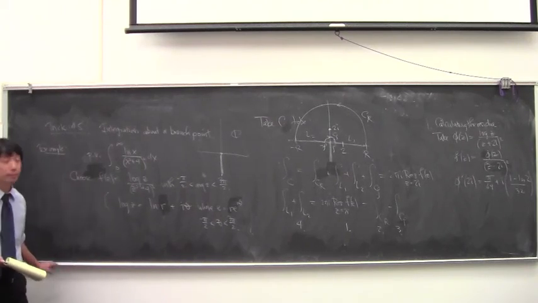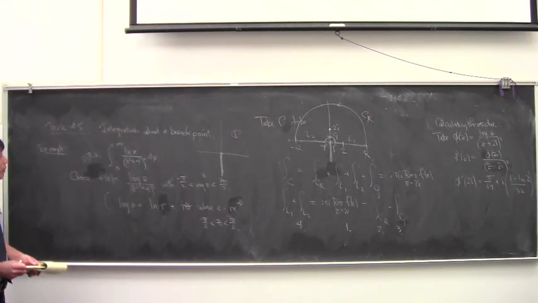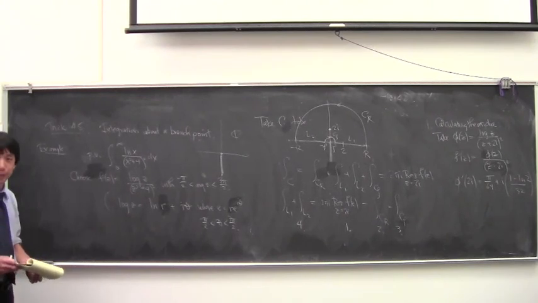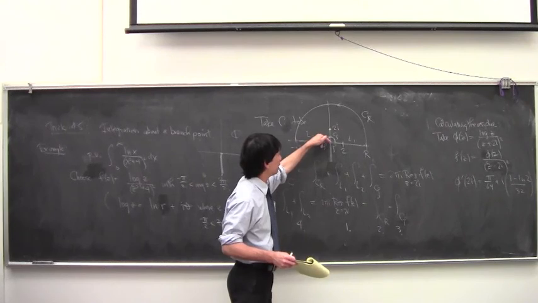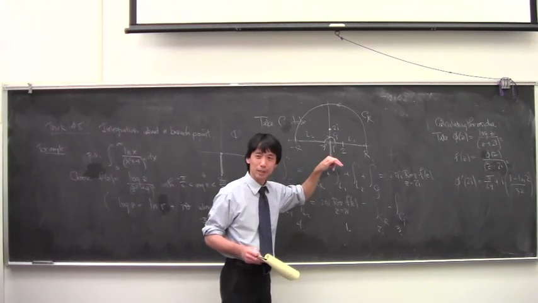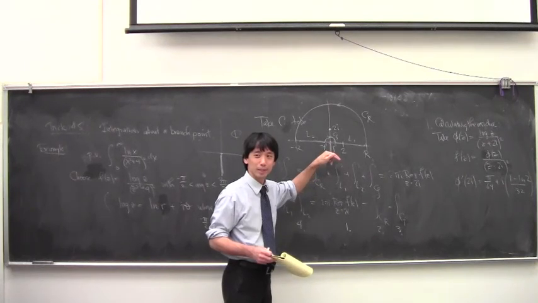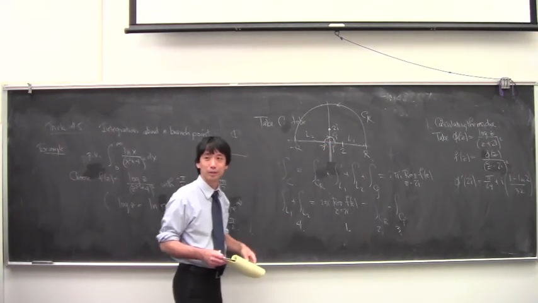Yeah, Christian. Does 0 not count as a singular value of the integrand here? It's not an isolated singularity. It's a branch point, because you couldn't take log of 0.